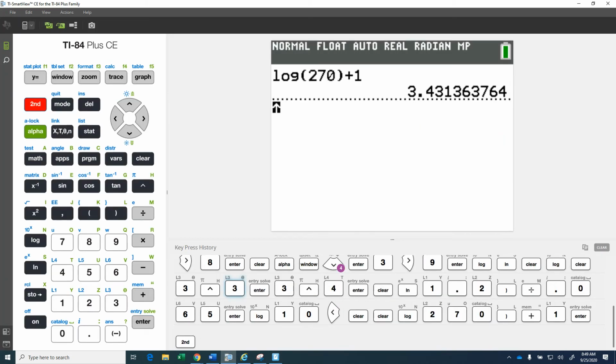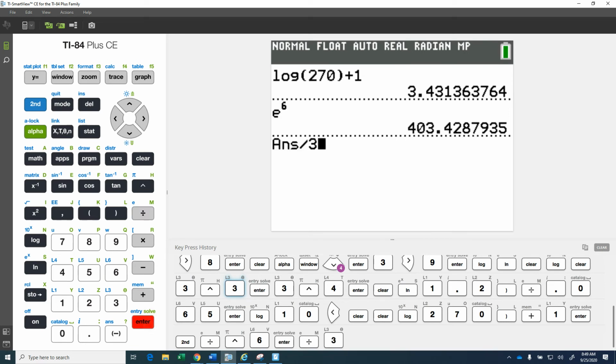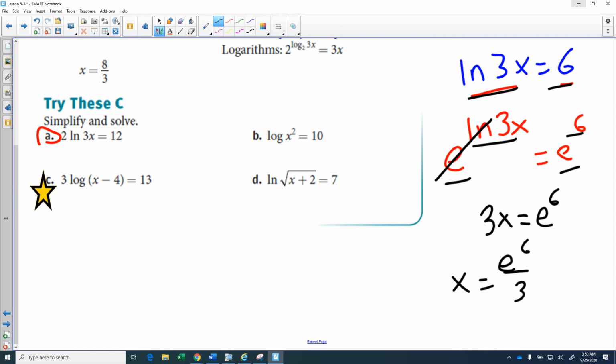This would be second e to the 6th, which would come out to be 403. And then you just divide that by 3 to get 134.4 as our answer. So this comes out to be x equals 134.4.